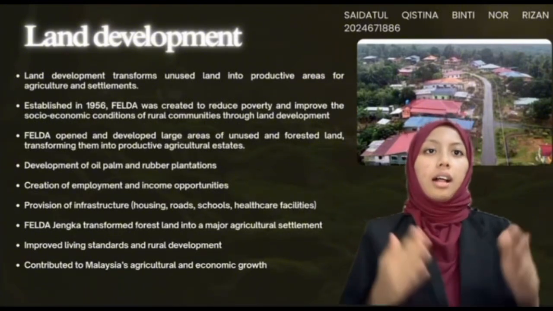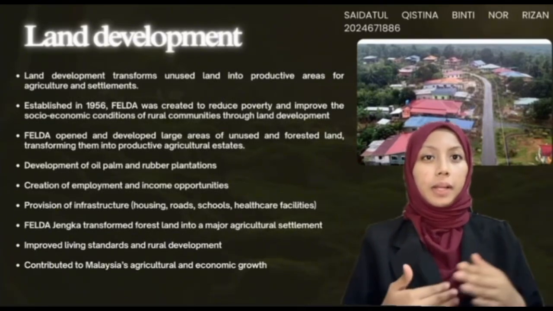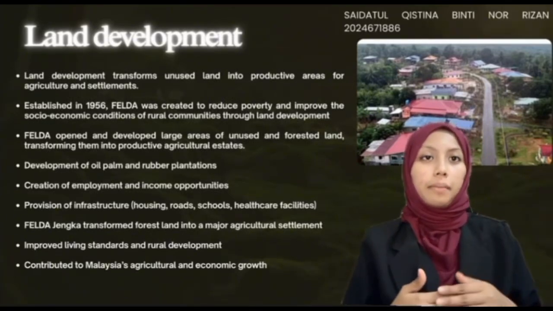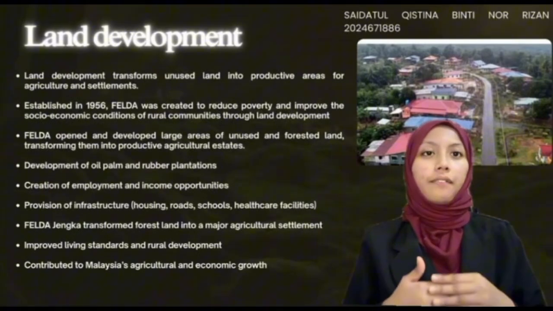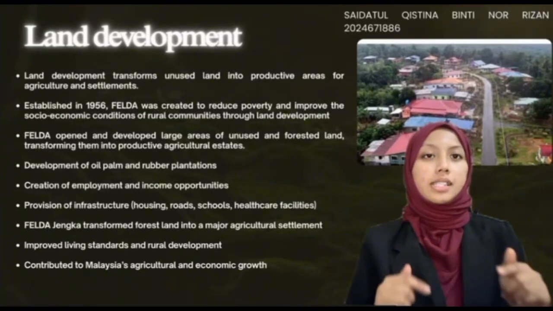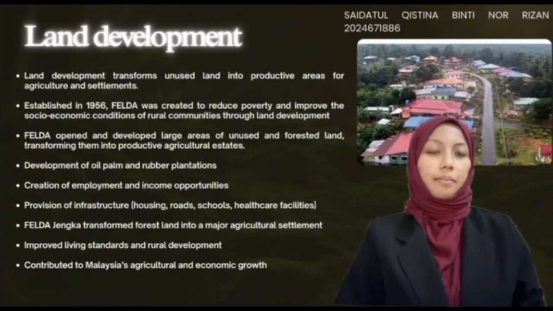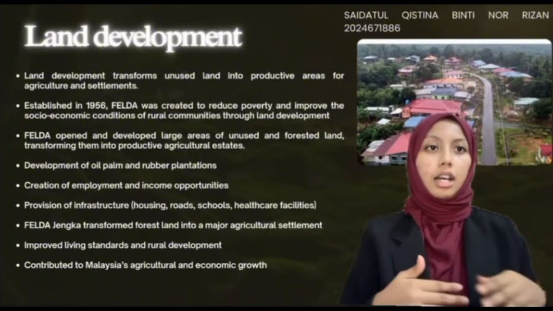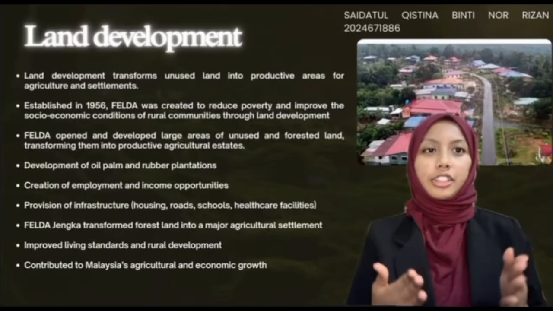Through Felda, large areas of land were developed into plantations, especially oil palm and rubber, which became an important source of income for rural people. This also created job opportunities and supported Malaysia's agricultural sector. A key example is Felda Jengka in Pahang, where forest land was transformed into a major agricultural settlement.